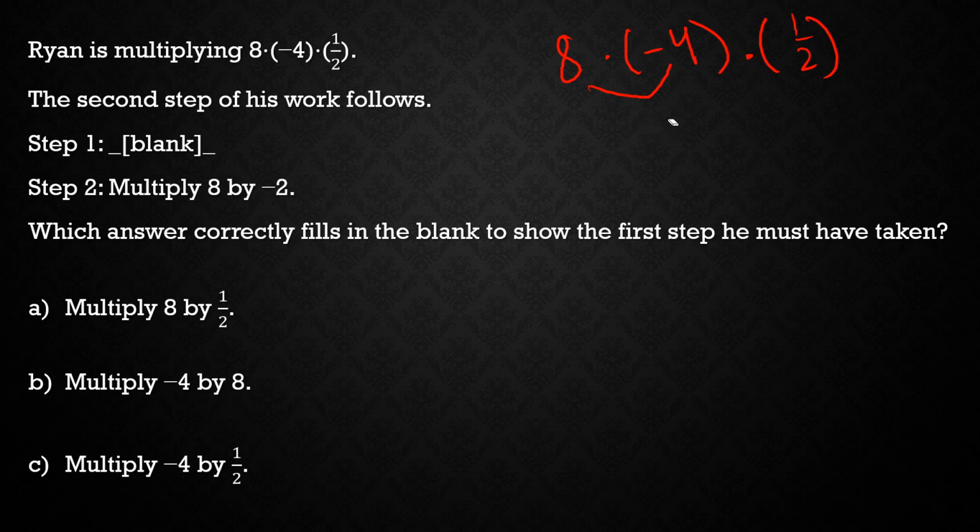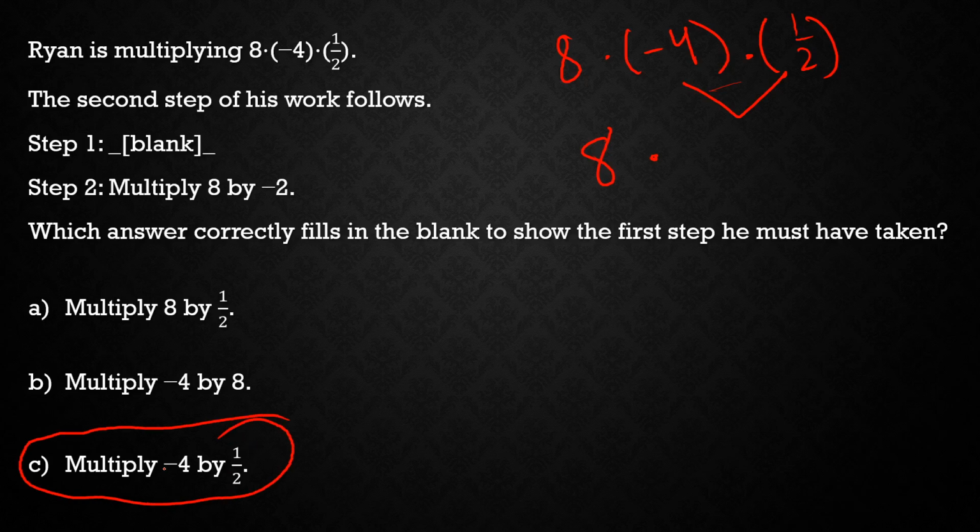So that means that what he had to have done here was he had to have multiplied these two numbers first. If he were to bring down his 8, and he would have done -4 times 1/2. And we actually don't necessarily need to solve this all the way through, we just need to know what he multiplied. So here he multiplied by that -4 and 1/2, which would give us 2. Sorry, -2.